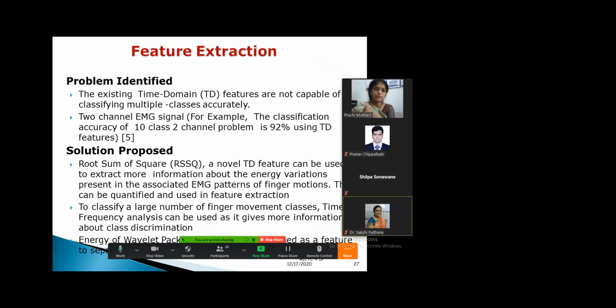Now in this feature extraction technique, the existing time domain features that we found are not capable. So definitely we had to make combinations, we had to improvise, we had to find some new features. And that is what gave rise to a new feature, which we called RSSQ, that is root sum of squares, which we added to the existing wavelet packet transform energy.